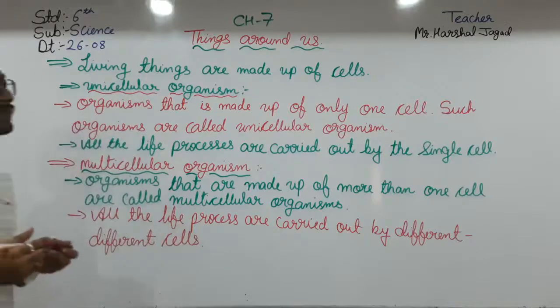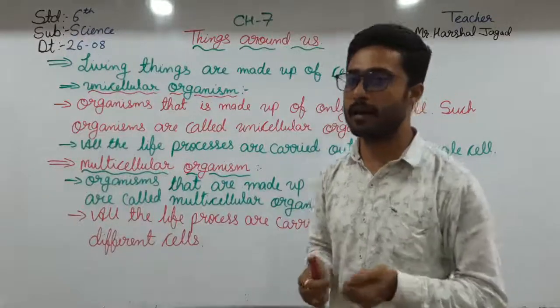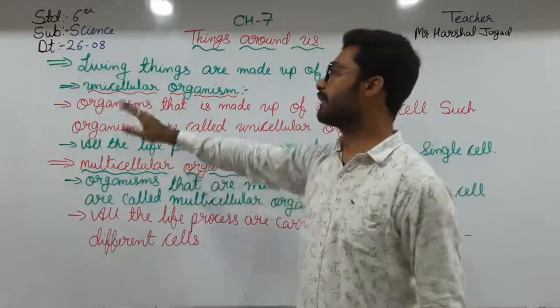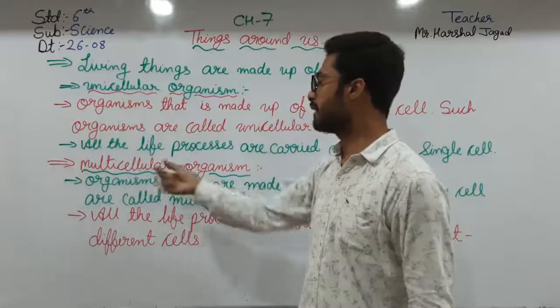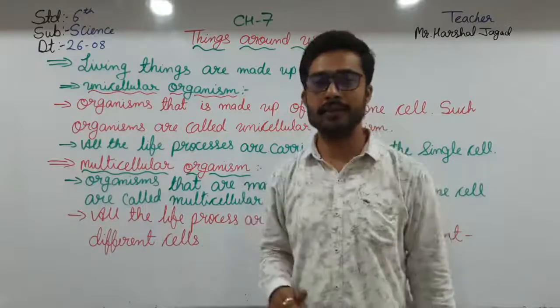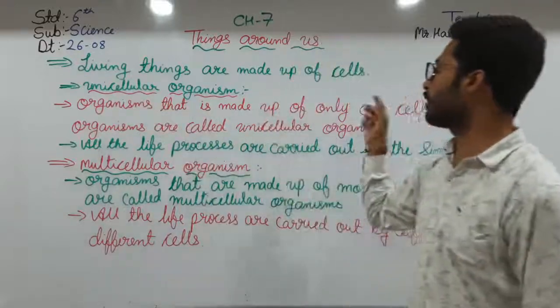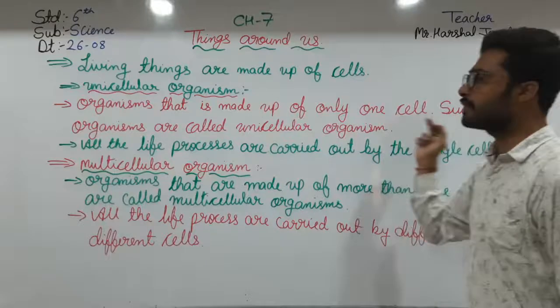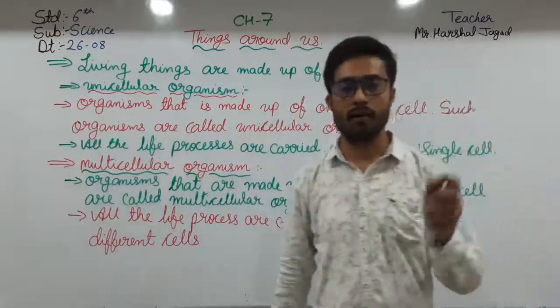So according to the cells, how are the organisms divided? First it is the unicellular organism, and secondly the multicellular organism. The unicellular organism is made up of only one cell, and such organisms are known as unicellular organisms.